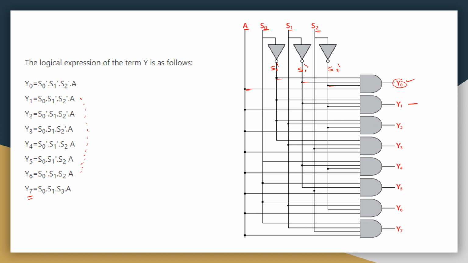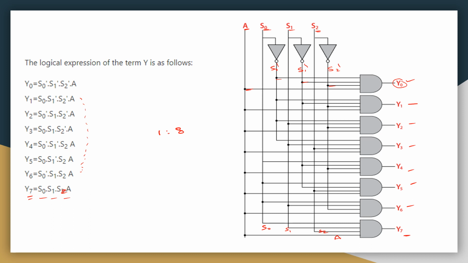In the same manner, Y1, Y2, Y3, Y4, Y5, Y6, Y7. For Y7, S0, S1, S2, A. So S0, S1, S2 along with A, then we can get Y7. Therefore, it is the design part of the 1:8 demultiplexer.